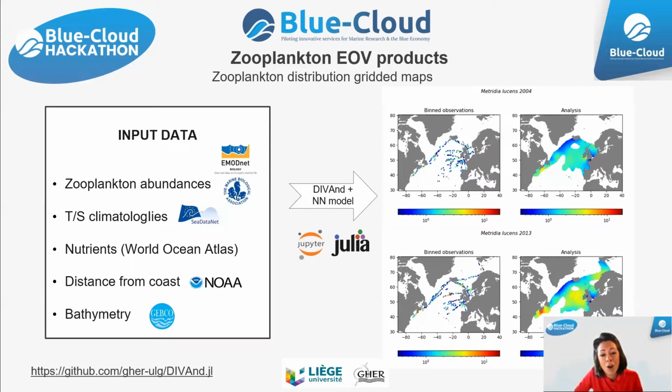And we can see how we can go from heterogeneous observations in the panels on the left to more homogeneous gridded fields in the panels on the right. This is also presented in the virtual research environment in Jupyter notebooks, written in Julia, and has been developed by our colleagues at Liège University.